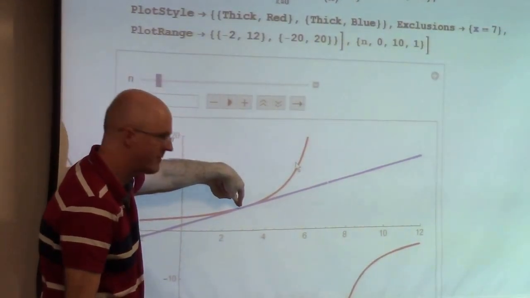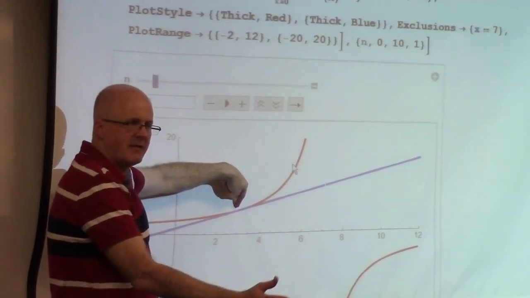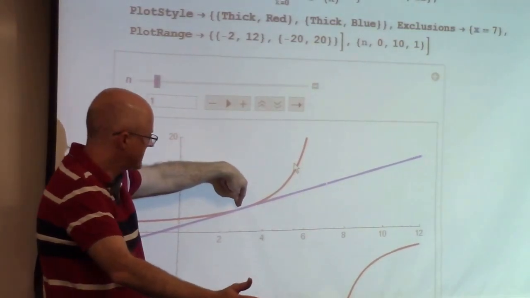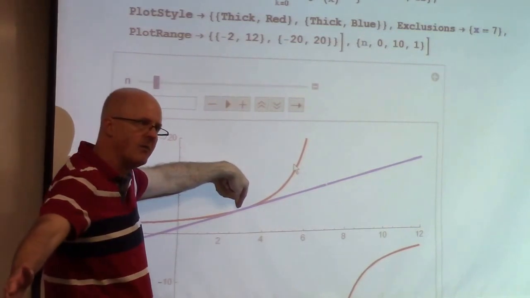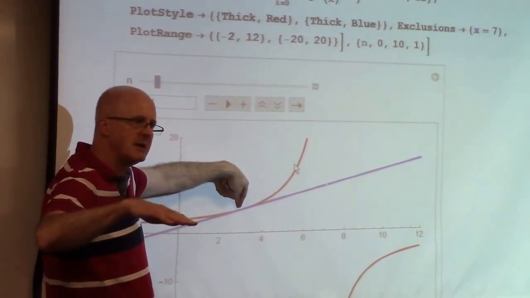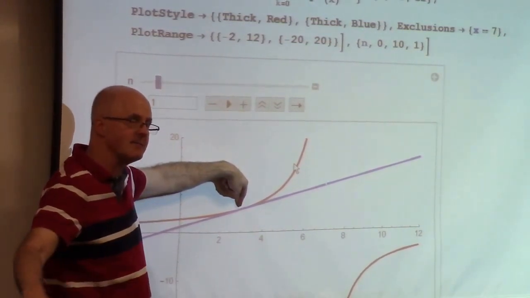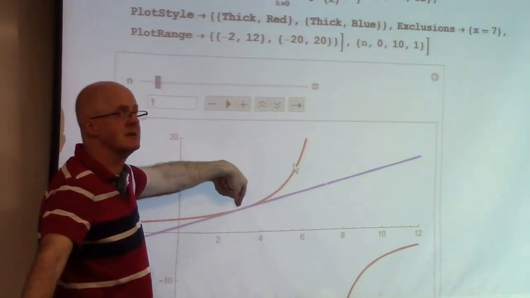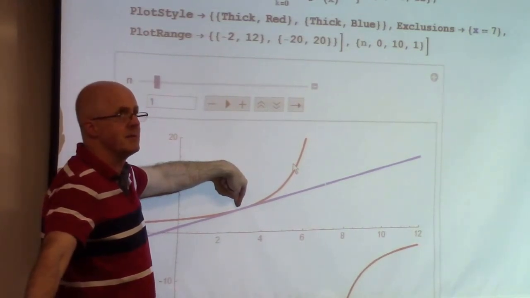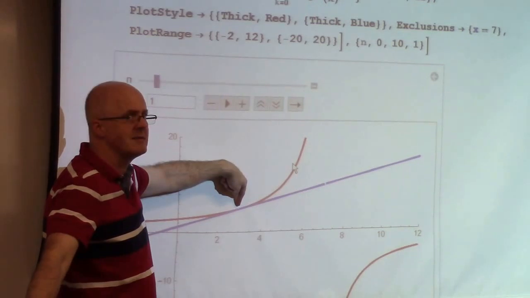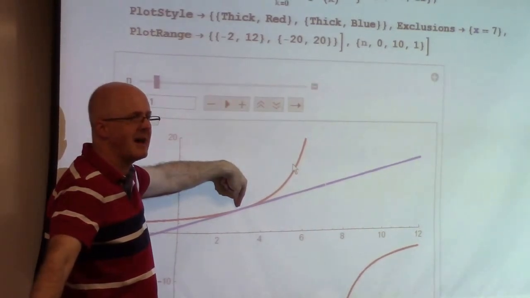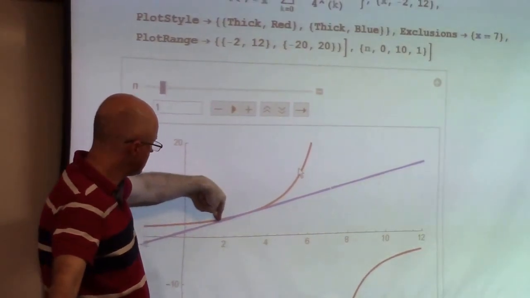Is that the slope 5 fourths? If the slope is 5 fourths, if I let x decrease from 3 down to 0, y should decrease by 5 fourths times 3, or 15 fourths, 3.75, from 5 down to 1.25.